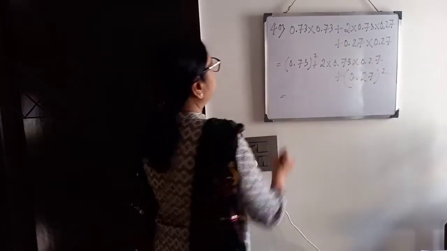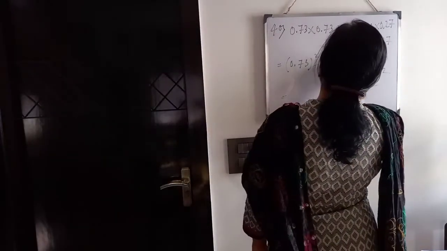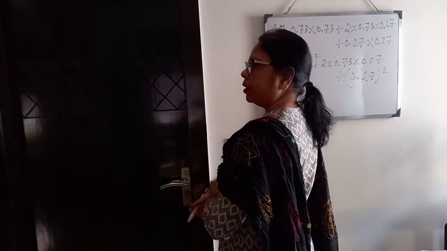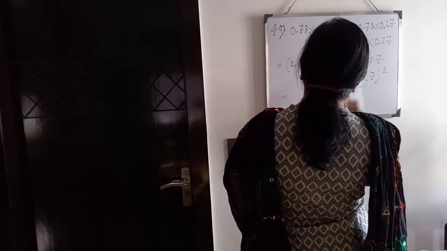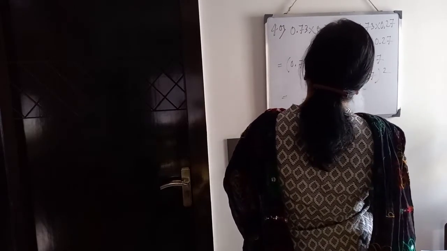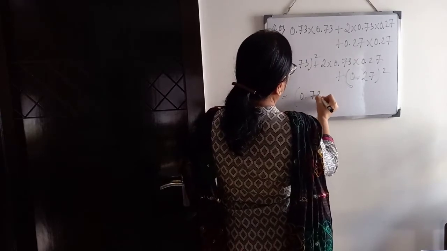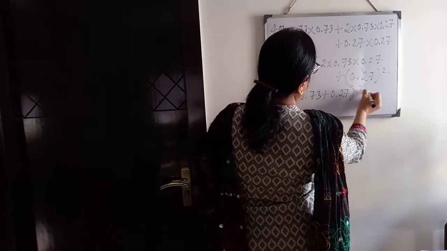Clear? Now it is in that form, a square plus 2ab plus b square. So we can write it in that form, a plus b whole square. So it is coming 0.73 plus 0.27 whole square.